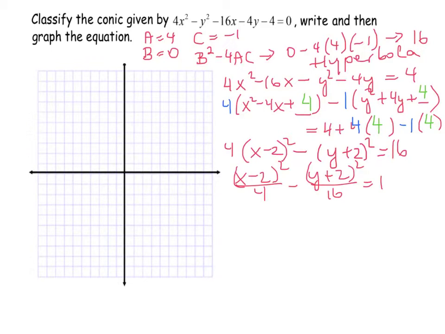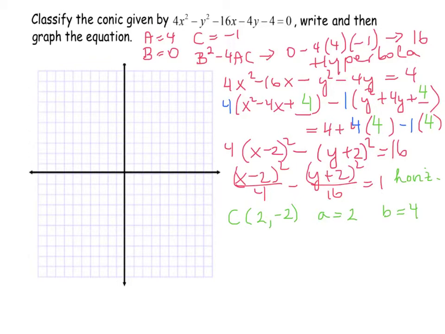At this point, I know that my hyperbola is going to be horizontal, and I know because x is first, so it's horizontal. Now what I need to do is find my center. My center will be 2, -2. My a is going to be 2, and my b will be 4.